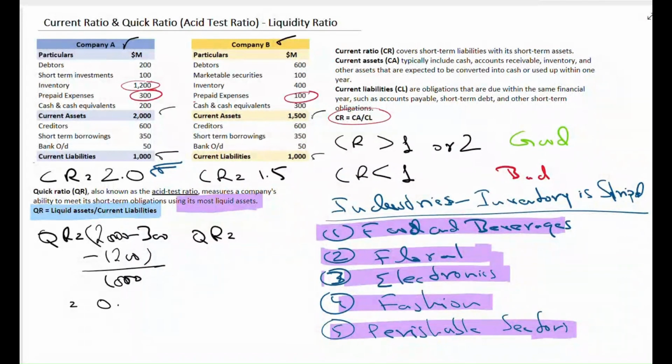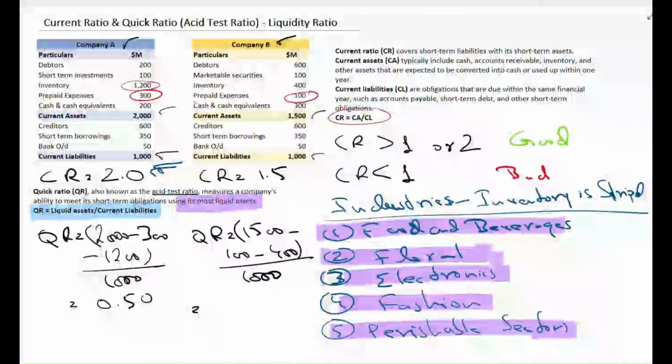It gives me 0.5. For company B, start with 1500 minus 100 for prepaid and 400 for inventory divided by 1000 will give me how much? Exactly one.